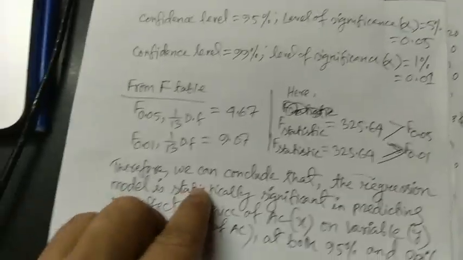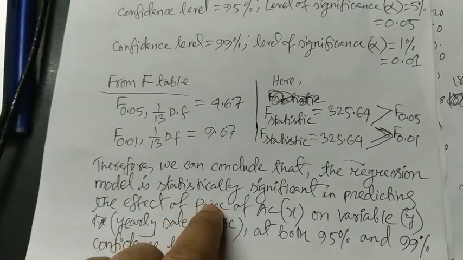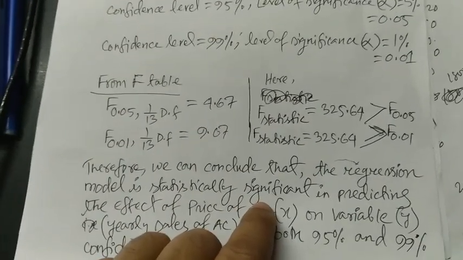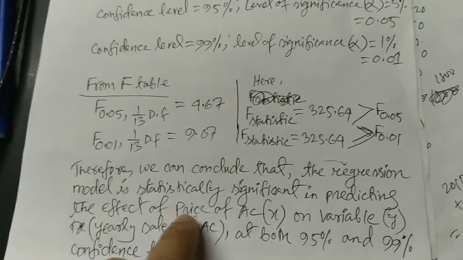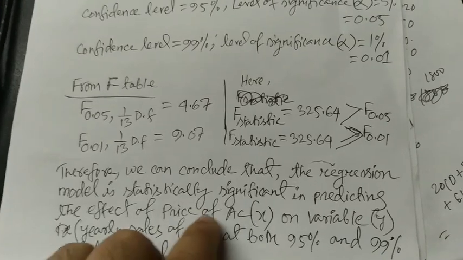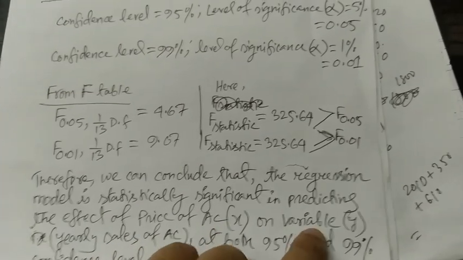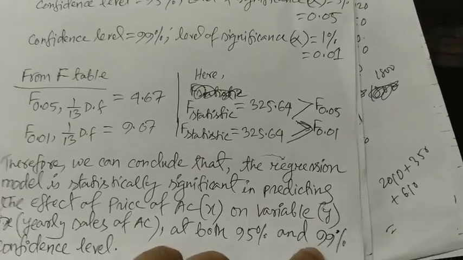So we can conclude that the regression model is statistically significant, that means statistically good in predicting the effect of price of AC, that means the effect of X on variable Y, at both 95% level and 99% level.